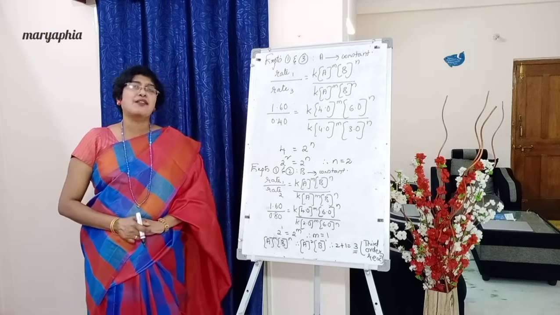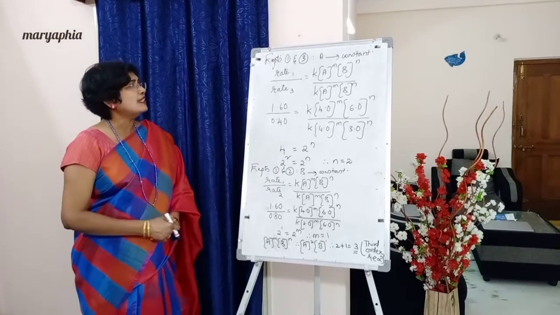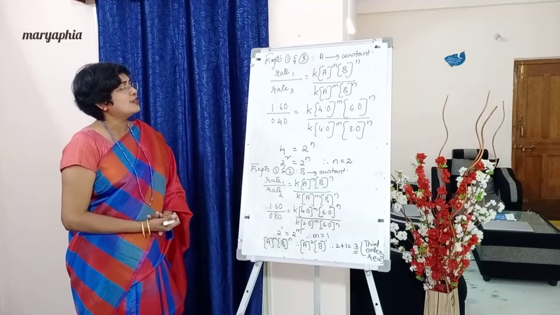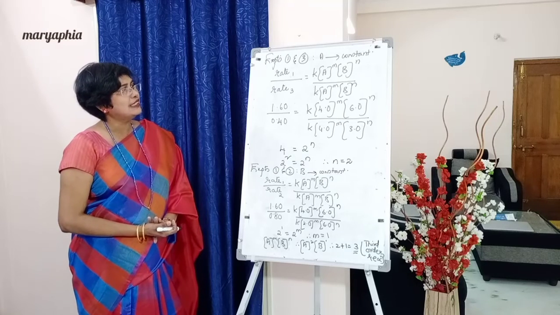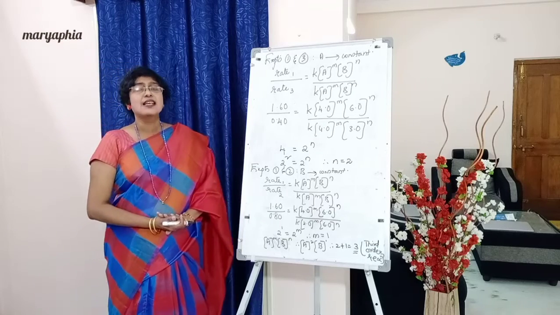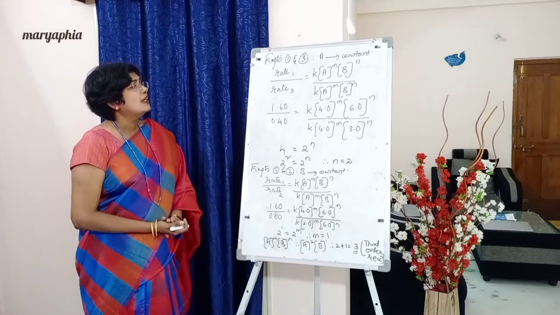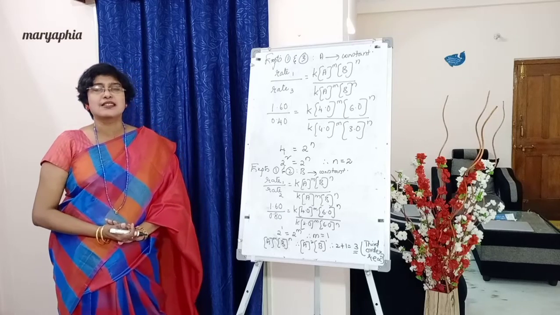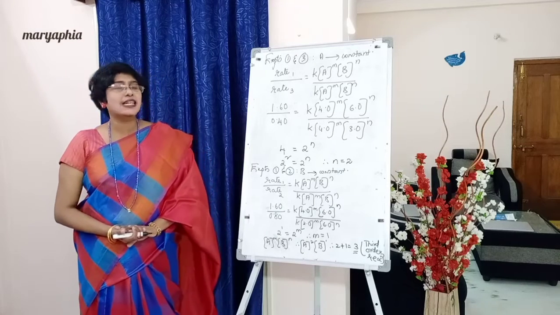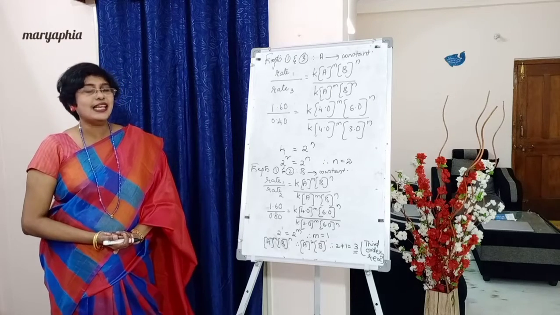Therefore, on the left side we can write 1.60 by 0.40 is equal to K into the concentration of A in the first experiment, 4.0, to the power m into the concentration of B in the first experiment, 6.0, to the power n, divided by K into the concentration of A in the third experiment, 4.0, to the power m into the concentration of B in the third experiment, 3.0, to the power n.